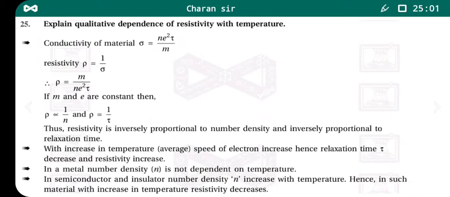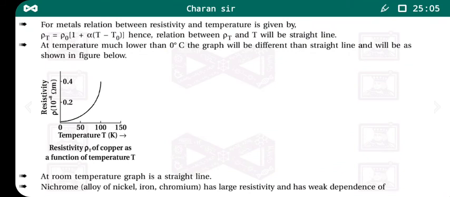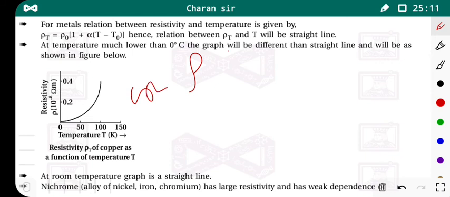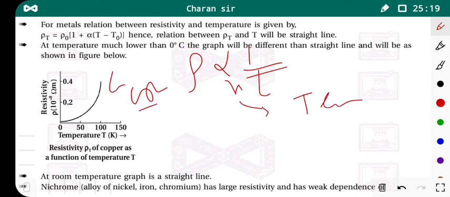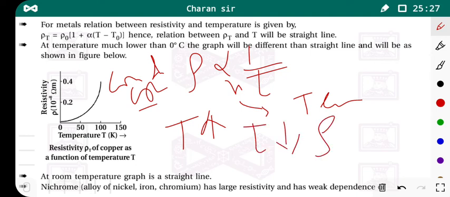This is all the discussion that we learned in the previous slide. In short, I explain: resistivity for conductors depends only on tau, or n is there but n does not change with temperature for conductors. So when temperature is increased for conductors, the relaxation time is decreased and resistivity is increased.